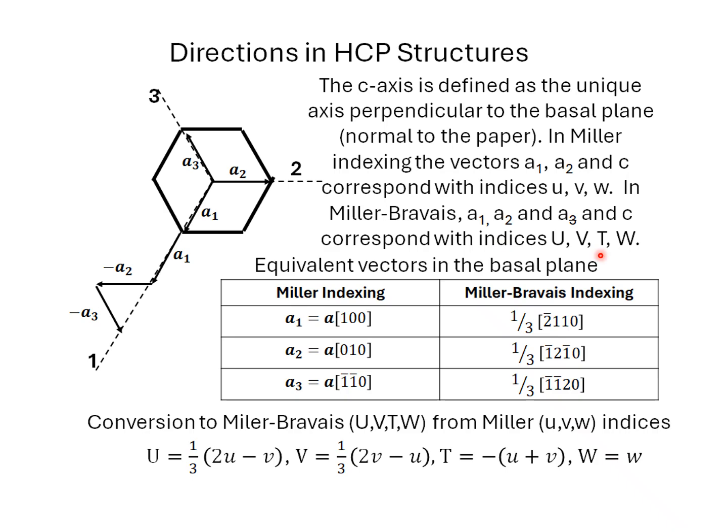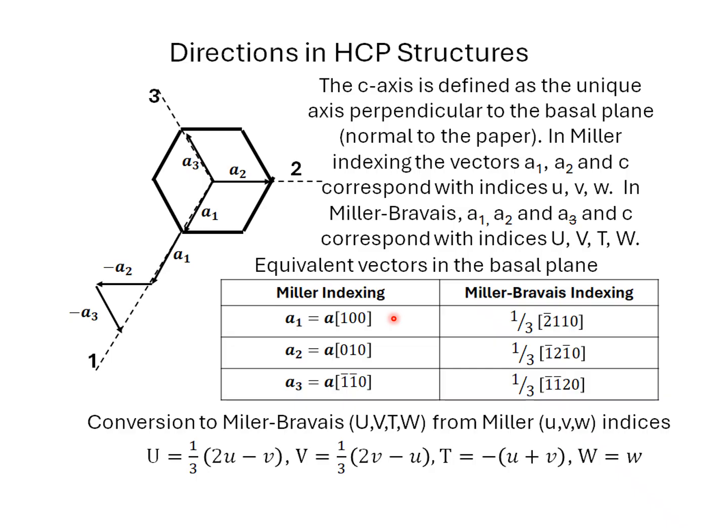Where that is of benefit is if we're looking at planes parallel with the C-axis of the hexagonal prism, the prismatic planes, which are perpendicular to each of the unique axes defining the hexagonal cell, A1, A2, A3.